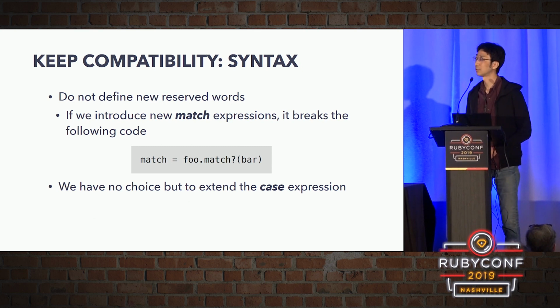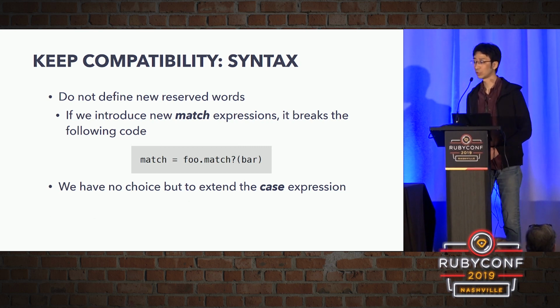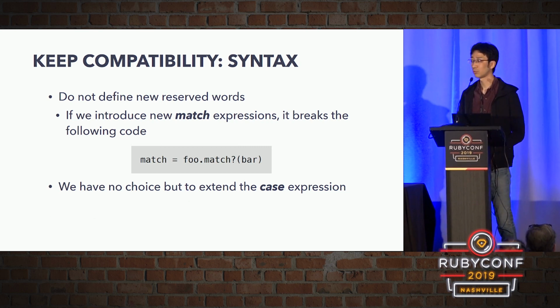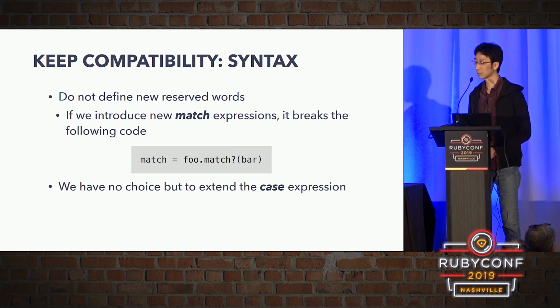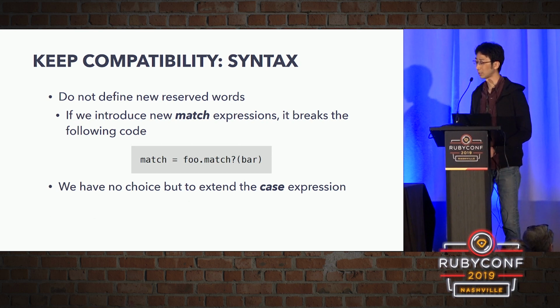However, it will be lost if we introduce a new keyword. For example, if we introduce a new match expression, and a user uses match like this, the code will be broken. So we have no choice but to extend the case expression.